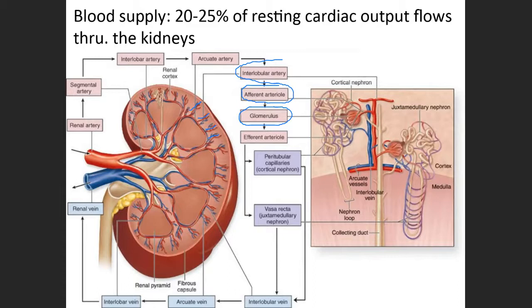Anything that doesn't get filtered at the glomerulus and enters the nephron now exits the glomerulus via the efferent arteriole. Now take note that it's still an arteriole. Actions at the glomerulus capillaries had nothing to do with gas exchange. This is still oxygenated blood, and it is still technically taking blood in the direction away from the heart.